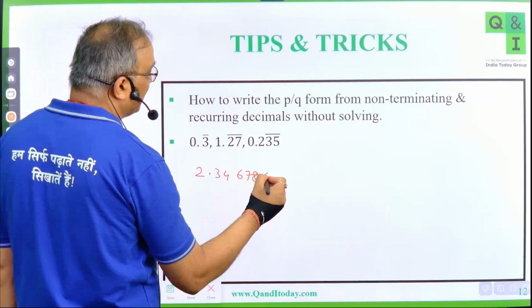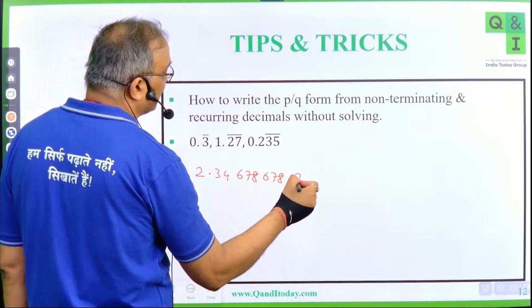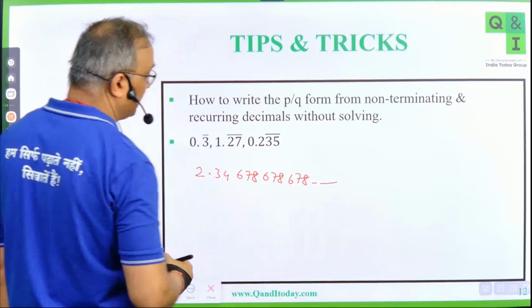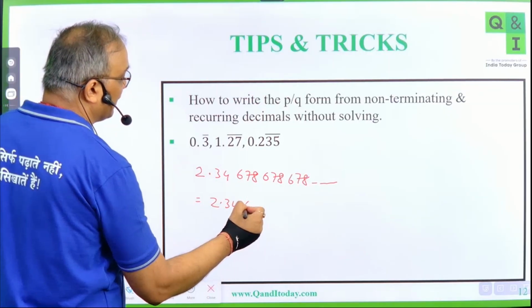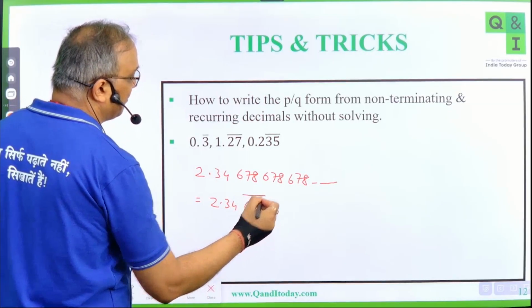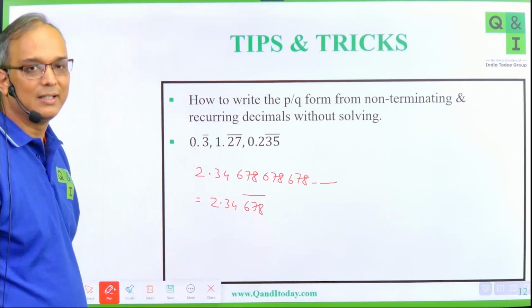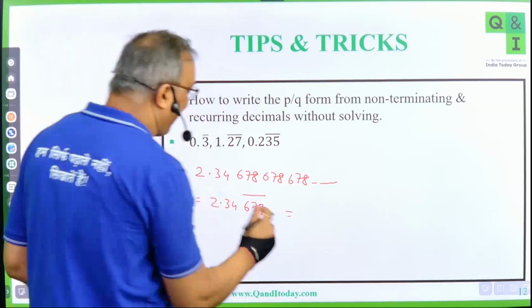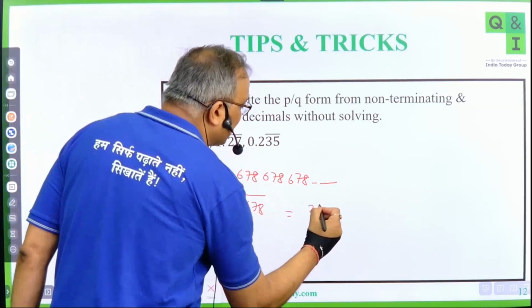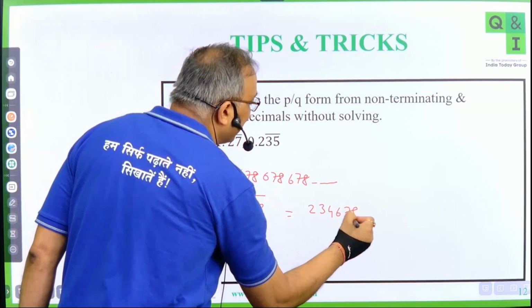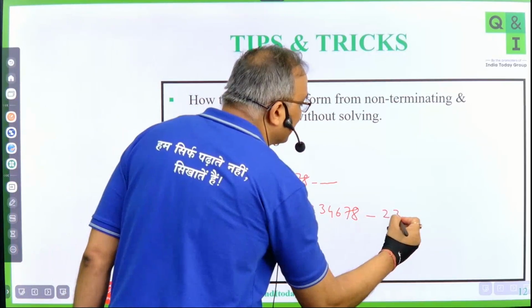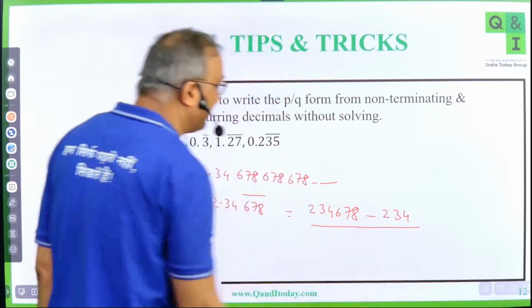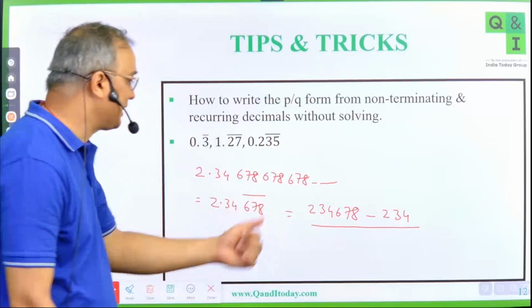2.34678, 678, 678, and so on. So this can be written as 2.34 and then 678 bar over that. If I write this number as it is, this will be 234678, minus the digits which are not repeating, so that is 234, divided by as many nines as the digits which are repeating.